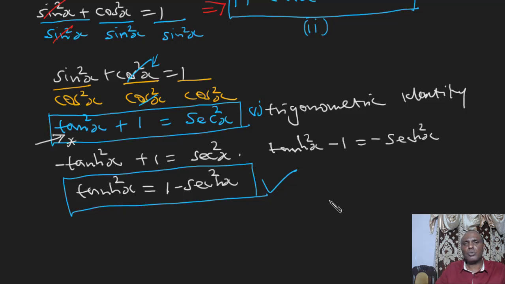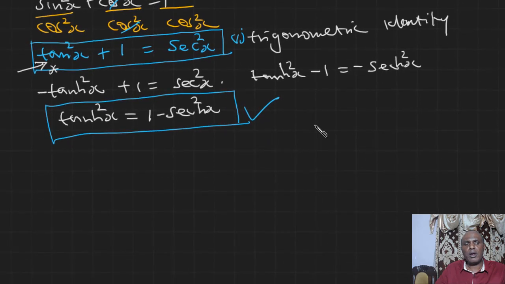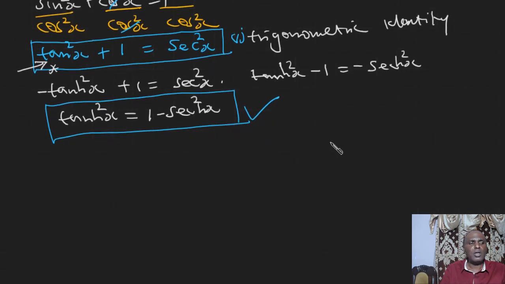Let us now go to Roman 2, where we are deriving the hyperbolic identity that relates to cosech squared x.